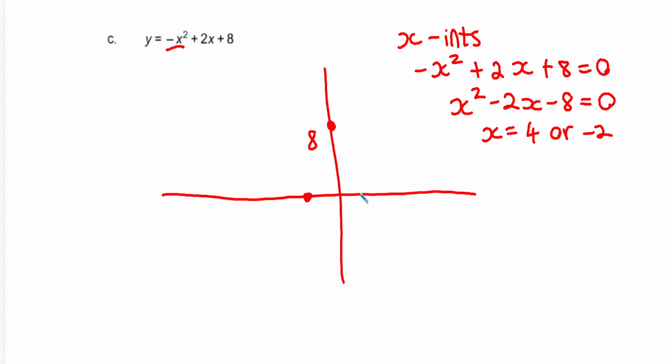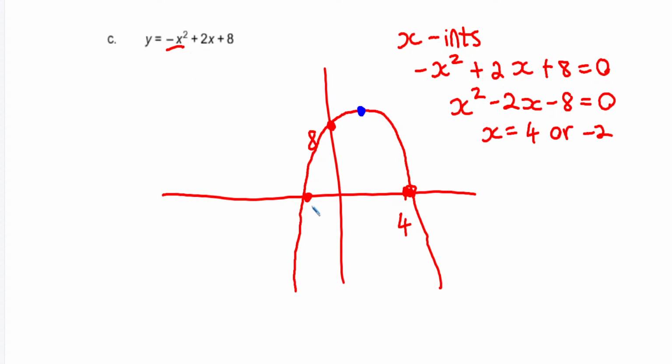And so the graph's looking something like this. This is -2. This is 4. All right. And the last point that I need to find is the turning point. A number of ways I could do this. I could write this into the sort of turning point form, which we practiced earlier.